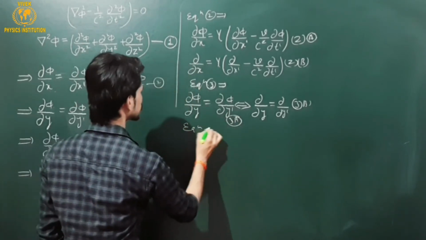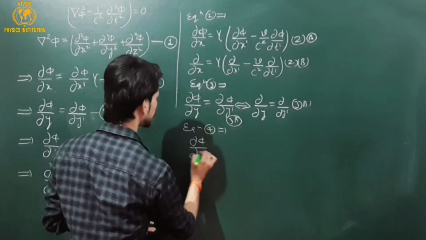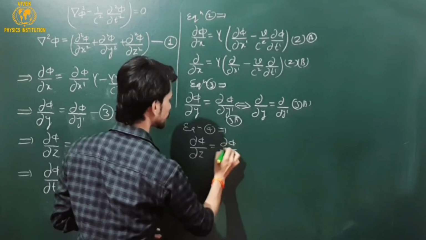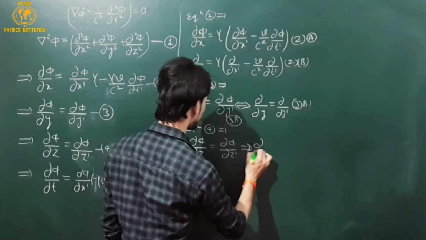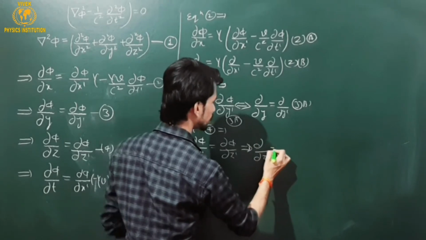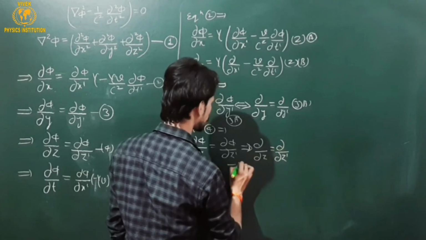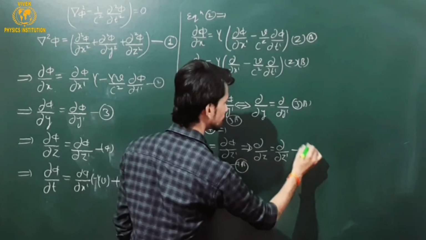Equation 4 in the same order will be ∂φ/∂z = ∂φ/∂z' and, without φ in the operator form, ∂/∂z = ∂/∂z'. This is 4a and this is 4b.